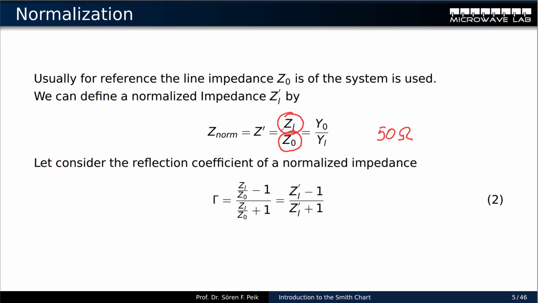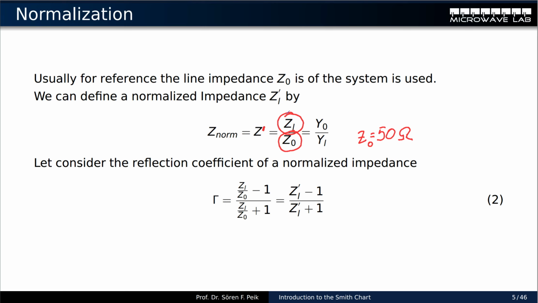So if I don't say anything, what I mean is Z0 is 50 ohms. Once the load impedance is normalized, we call it Z prime, as you see here. Z prime means that you have a normalized impedance. Please note that the impedance is usually measured in ohms. However, the normalized impedance is just a value without a unit.